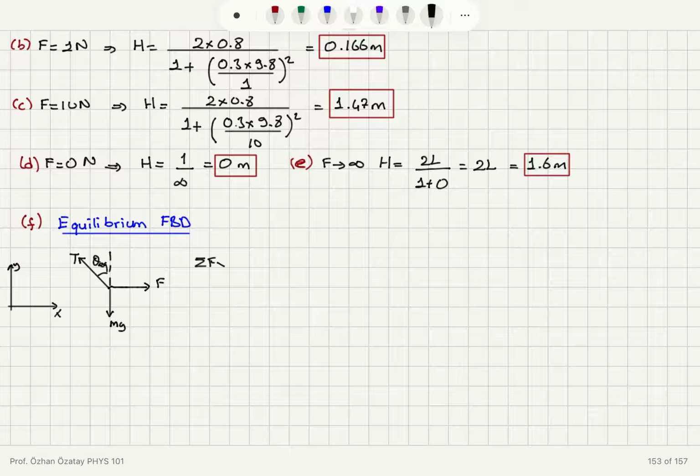The net force on the x-axis must be 0, which means F minus T sine theta equilibrium should be equal to 0.